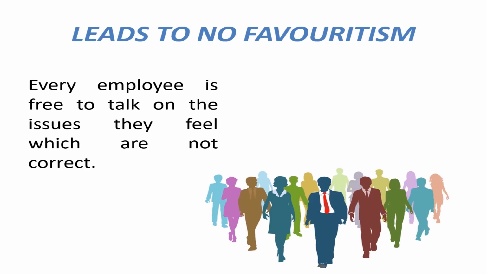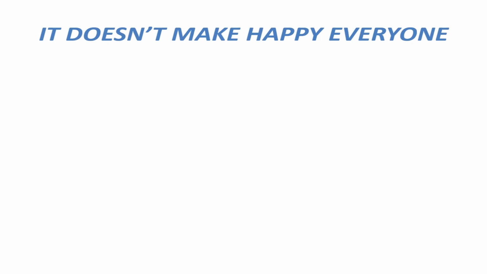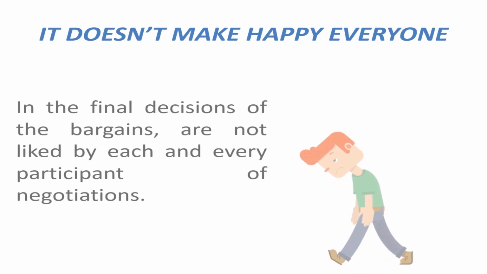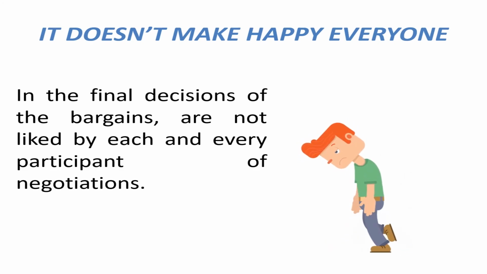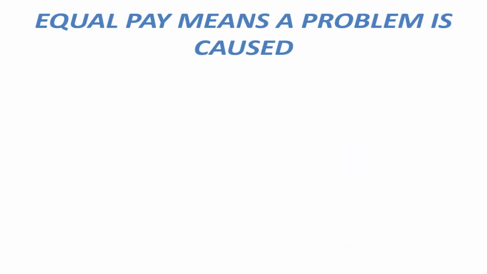Lastly, discussing some disadvantages of collective bargains. It doesn't make everyone happy. The final decisions of the bargains are not liked by each and every participant of negotiations. Equal pay means a problem is caused when the management adopts an equal wage rate for the people who have the same skills, but different time periods of working with the organization.